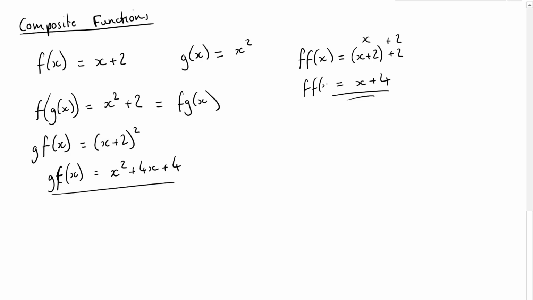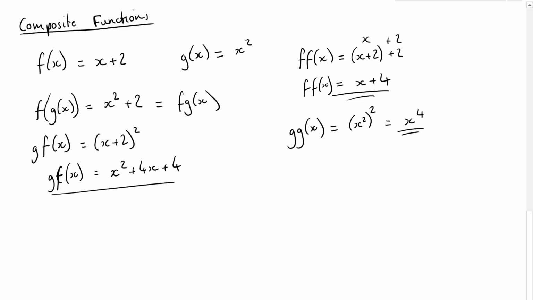What if I wanted g of g of x? Well, then I can put in g of x wherever I see an x, and g of x is x squared, and that x is squared, so g of g of x is equal to x to the 4.